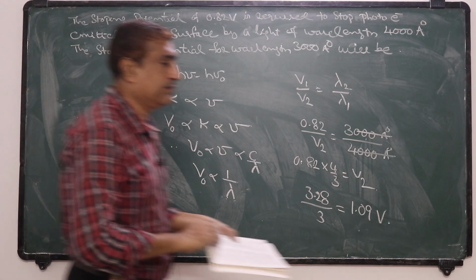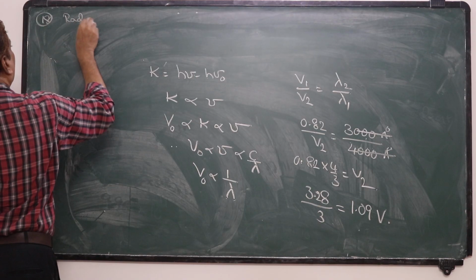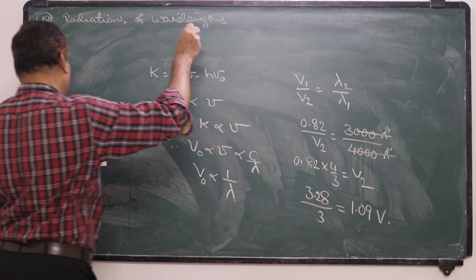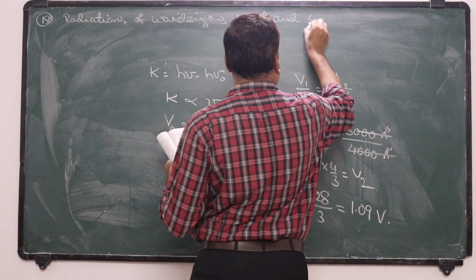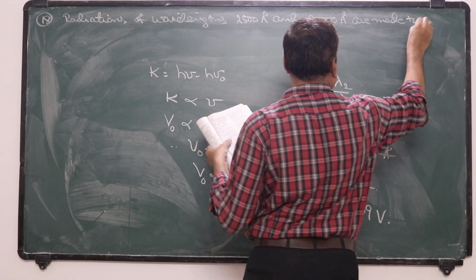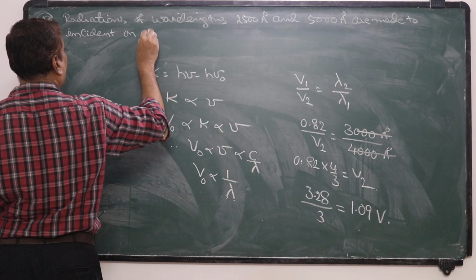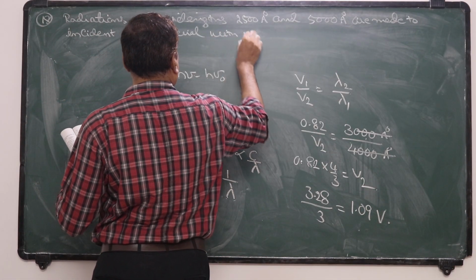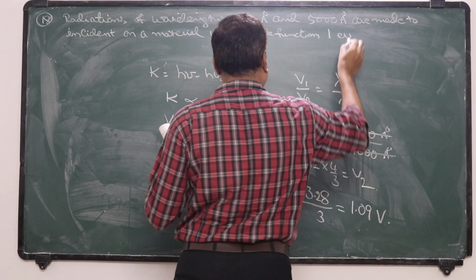Now the 18th one. Radiations of wavelengths 2500 Armstrong and 5000 Armstrong are made to be incident on a material with work function 1 electron volt.